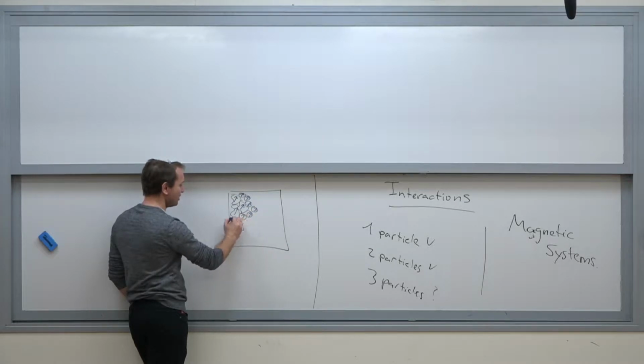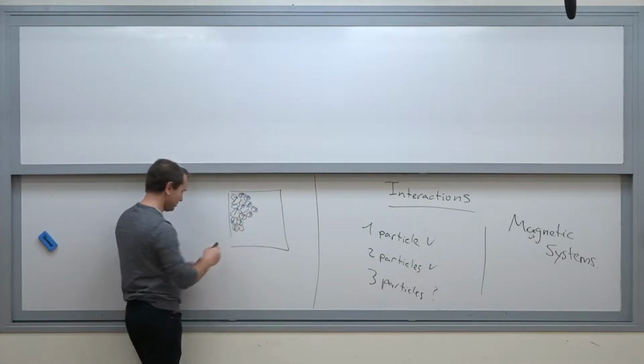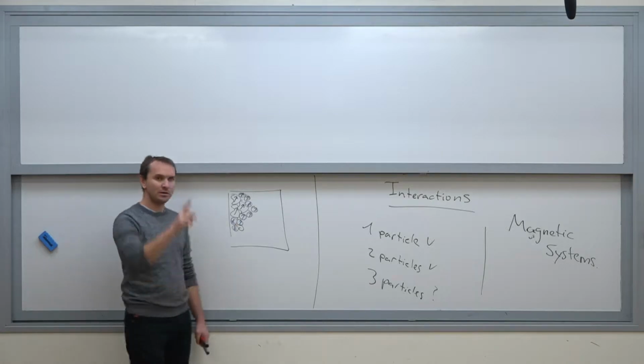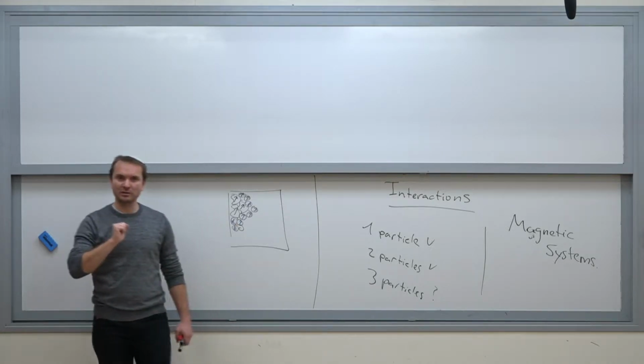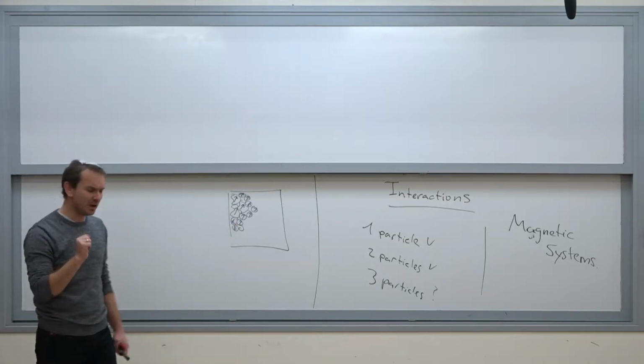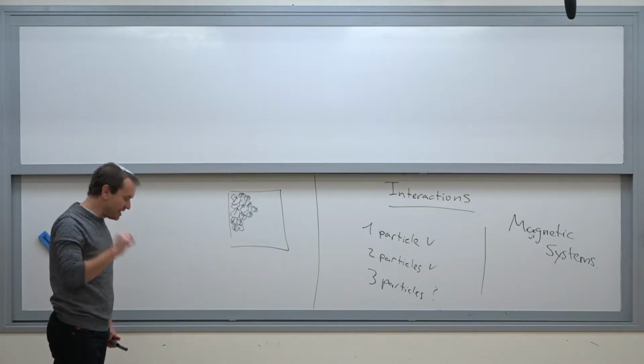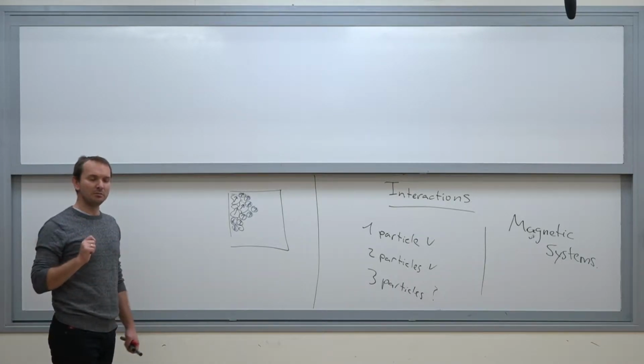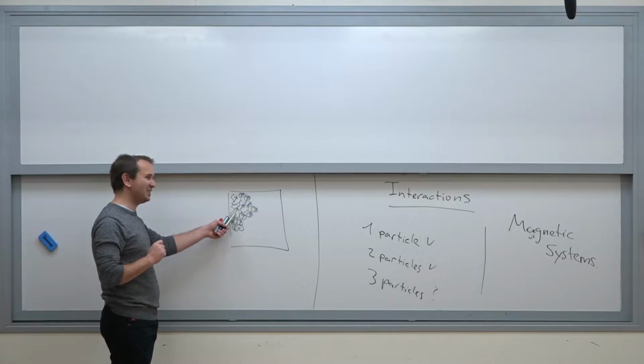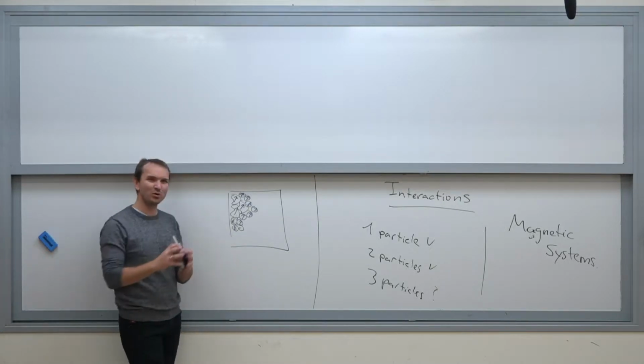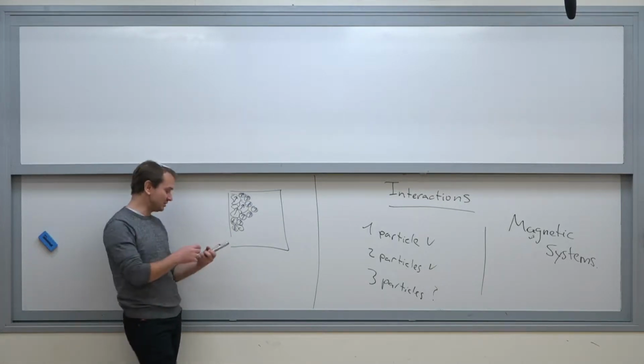And the arrow can be the description of the direction of the intrinsic magnetic field or magnetization that is associated with this small region of the material. So this is the classical description.